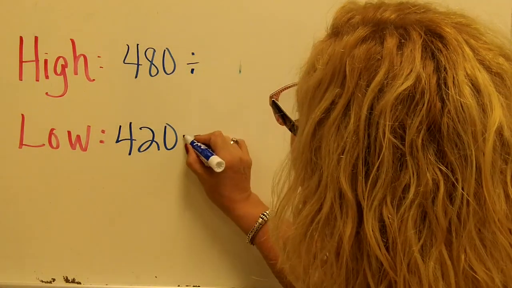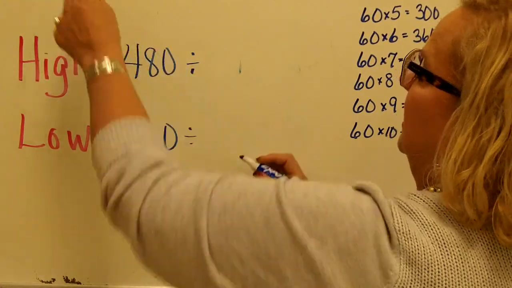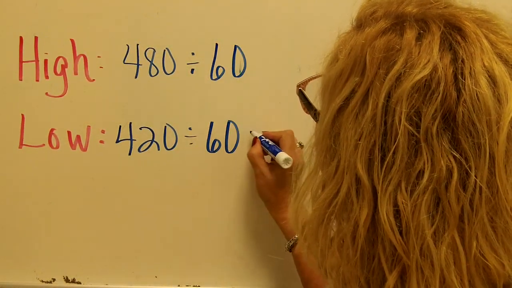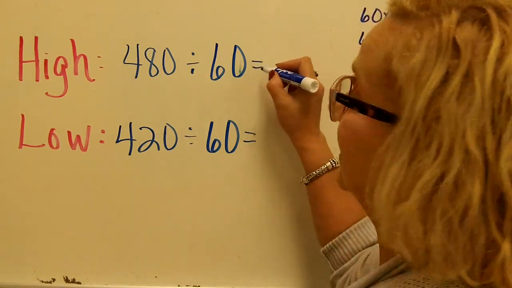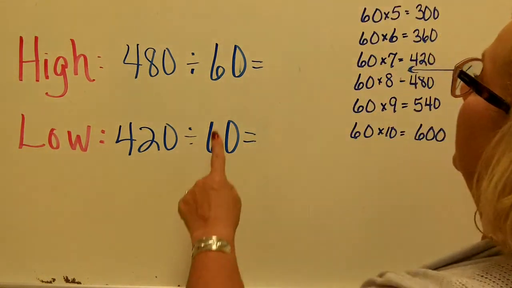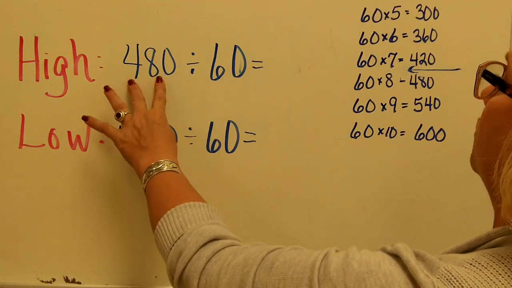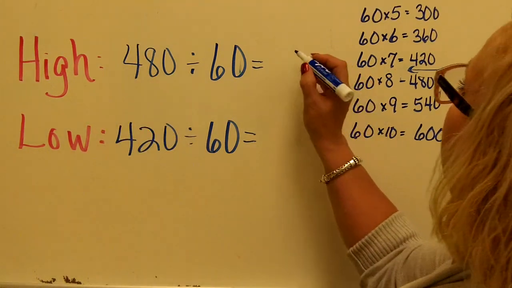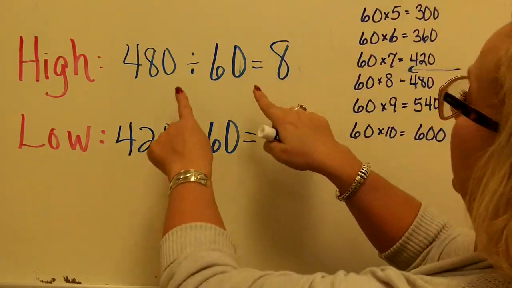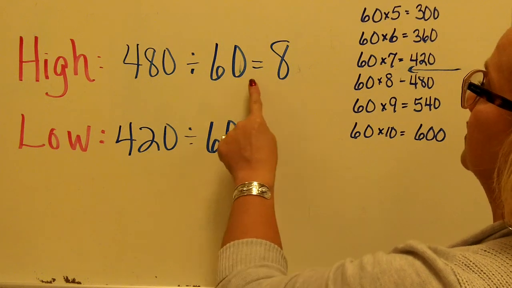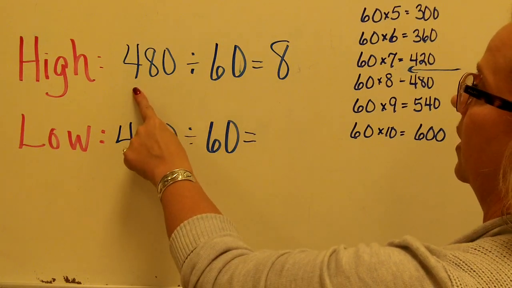And I'm dividing this by 60 because that's what I rounded 63 to, and I'm just getting an estimate. And I know that 6 will go into 48 8 times. And both of my zeros cancel out here. So 8 times 60 is 480.